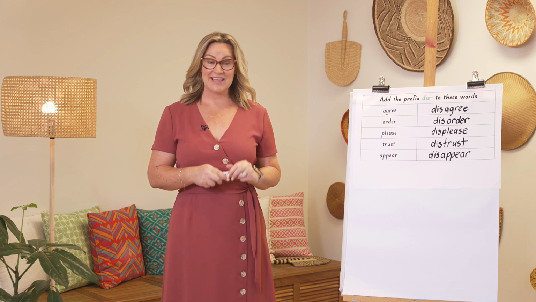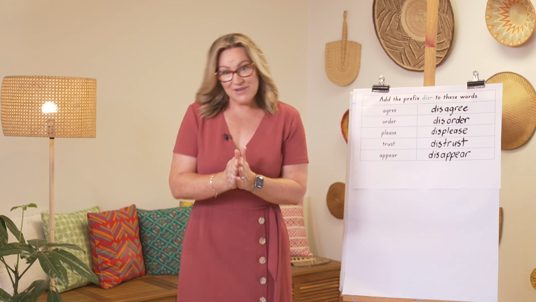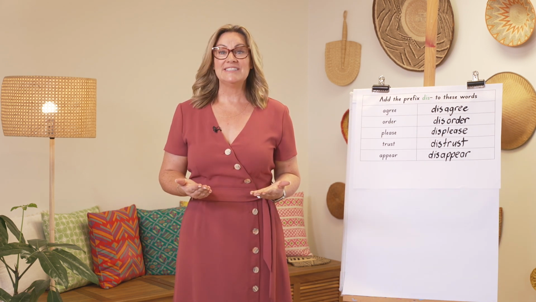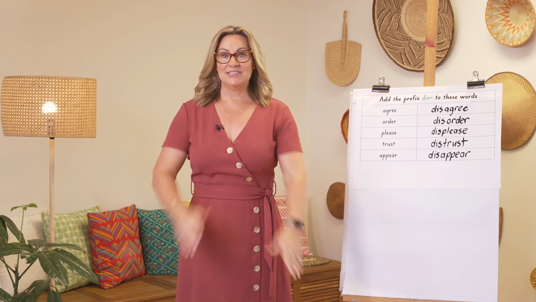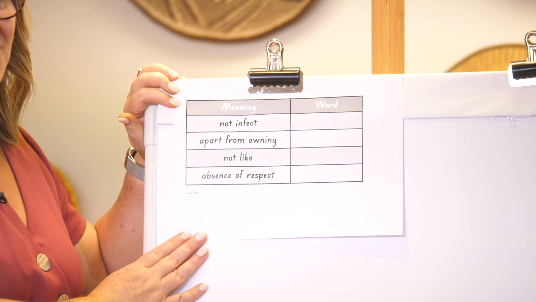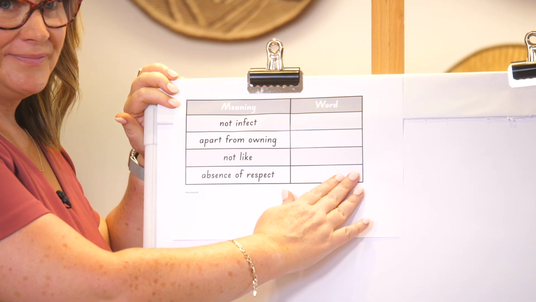Okay, we have come to the end of our lesson, so we just need to review that morpheme for today. What was our morpheme? Morpheme dis. What does it mean? Dis means not, apart, absence of. Your independent task is to look at this word chart, add the prefix dis, build your new word.